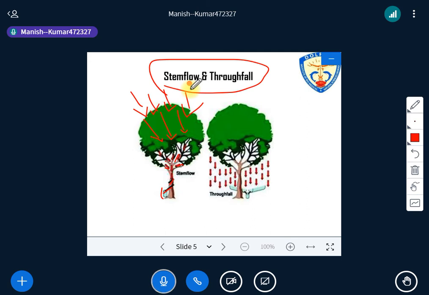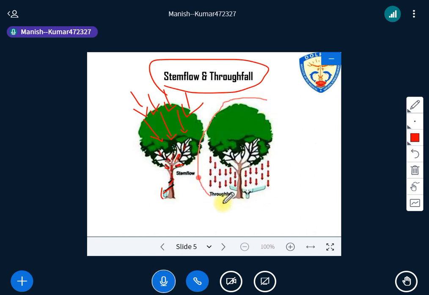Is it clear? Have you got the stemflow? Or in simple terms, you can say that when precipitation flows from the branches and stem to come to the ground itself, that is stemflow. Now, throughfall.